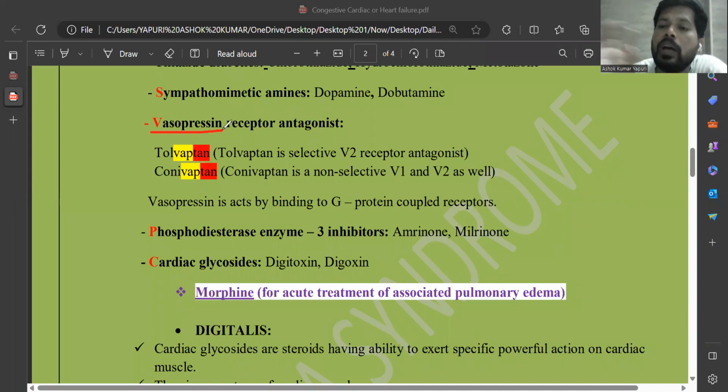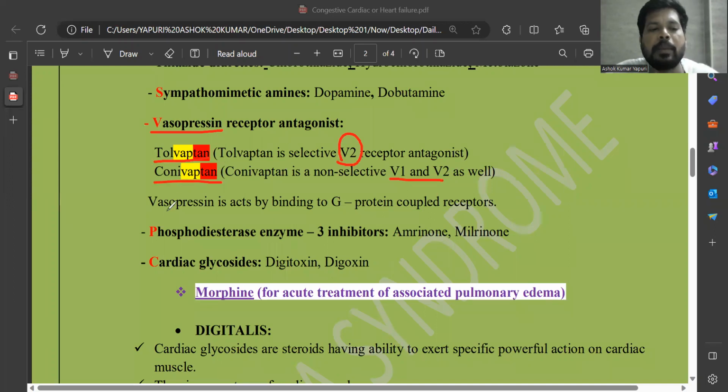Vasopressin receptor antagonists are like tolvaptan and conivaptan. TAN means antagonist, so these are antagonists of vasopressin. Tolvaptan selectively blocks vasopressin type 2 receptors. Conivaptan non-selectively blocks V1 as well as V2 receptors. Vasopressin receptors are G protein coupled receptors.